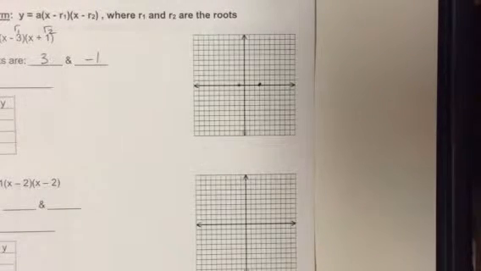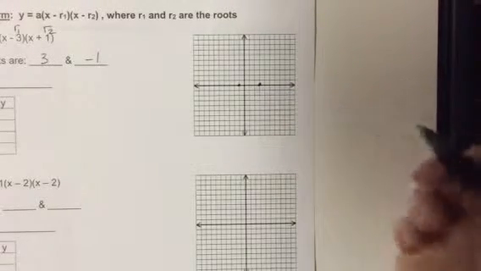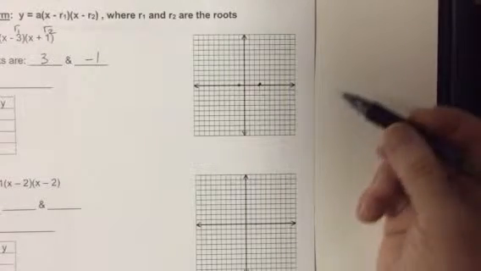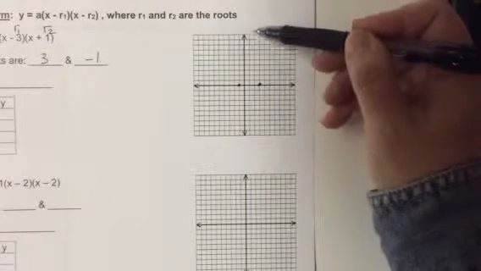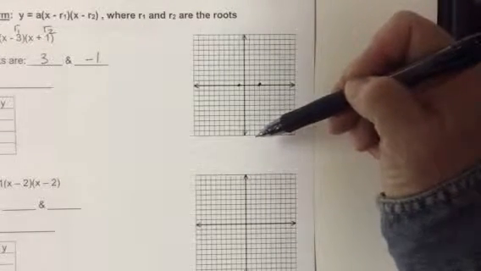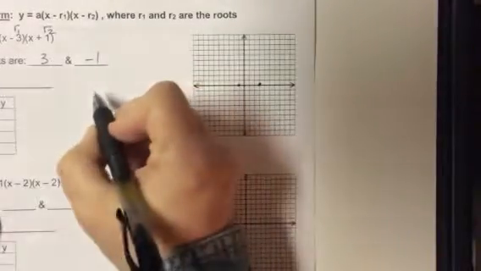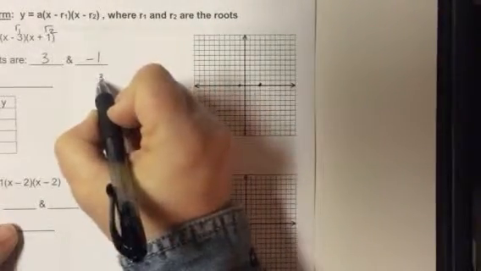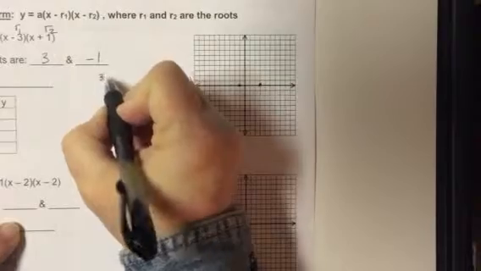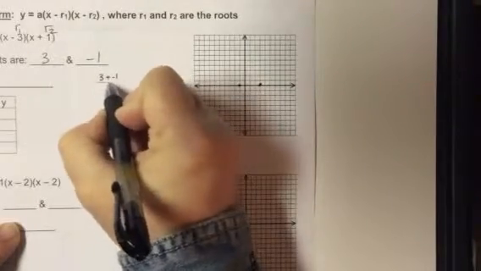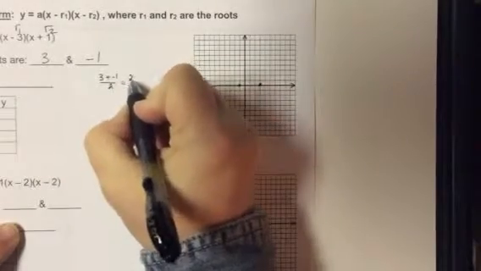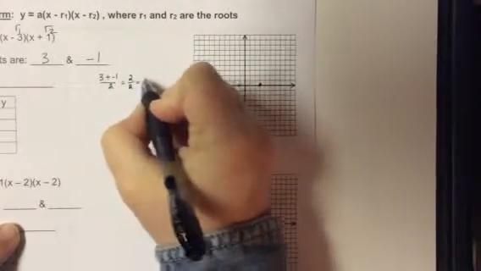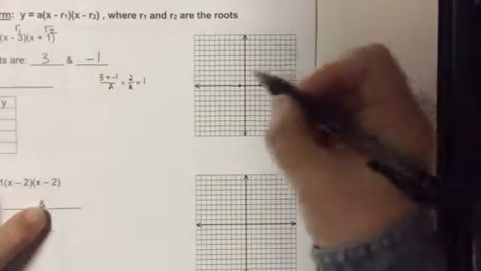What we can do, though, now that we know these 2 roots, is understand that our axis of symmetry will be exactly in the middle of these 2 points. So a little bit of arithmetic, 3 plus -1 divided by 2 will help me know where the middle is. So I'll be looking at 2 divided by 2, or the number 1.